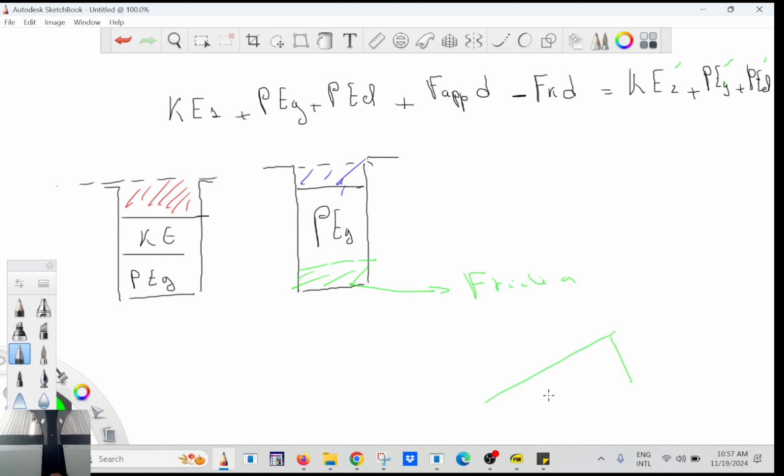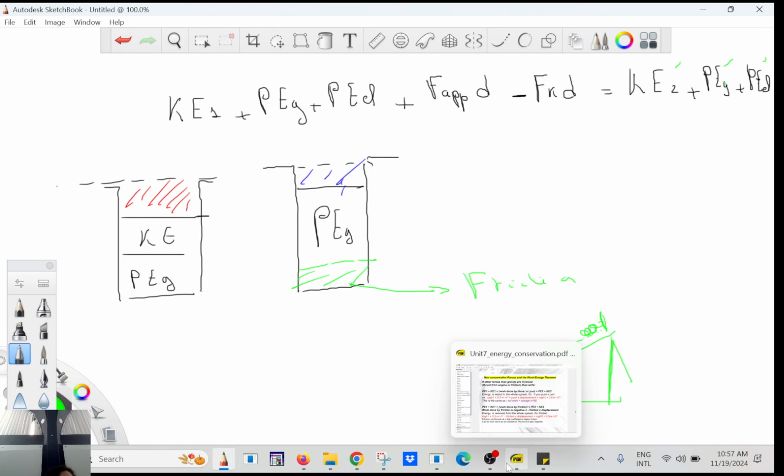So for example, if you have an inclined plane and here you have a spring, why not? You can start with some kinetic energy, boom, boom, boom. And then at the end, it's going to be elastic potential energy. But that's the way you're going to write it. Or you can do the net work equals the change in kinetic energy. Is that clear?